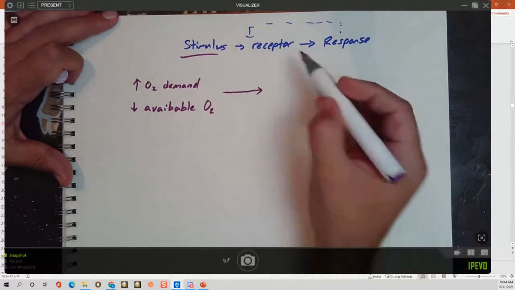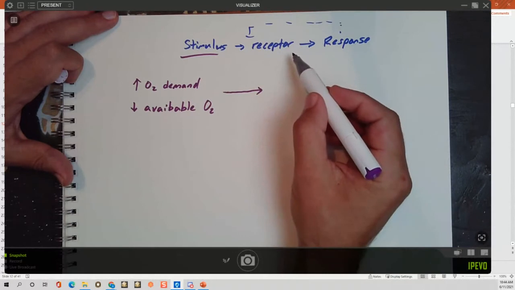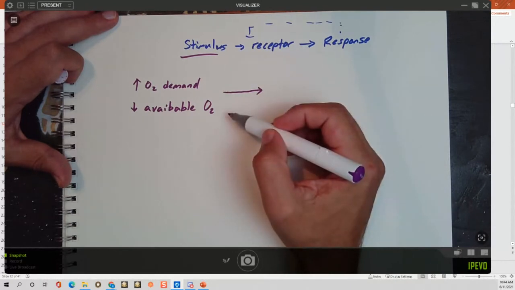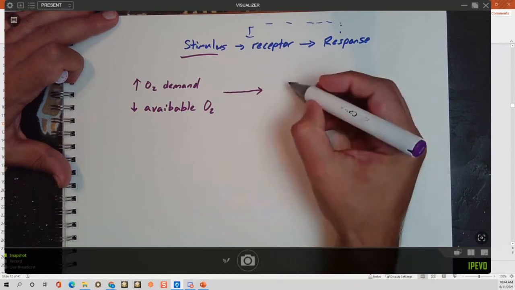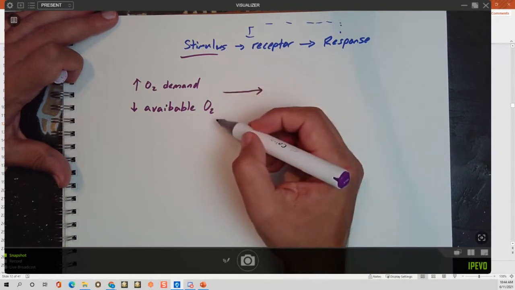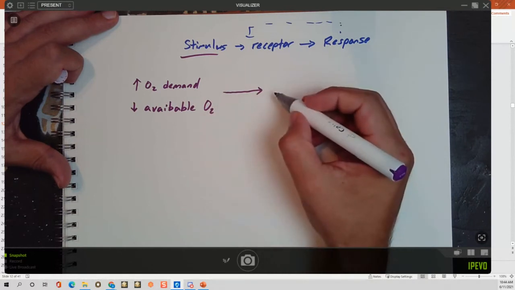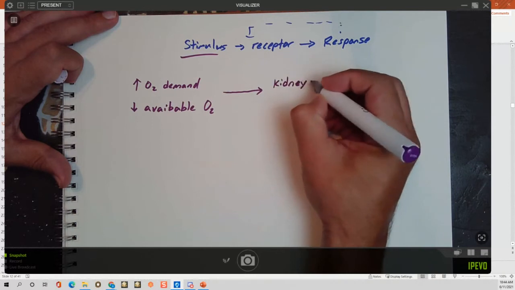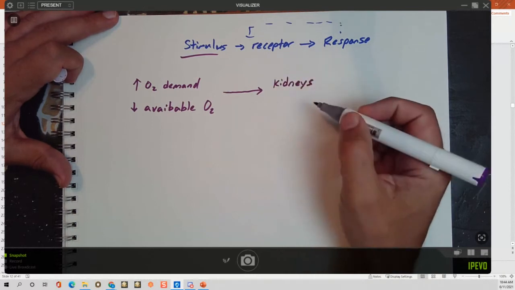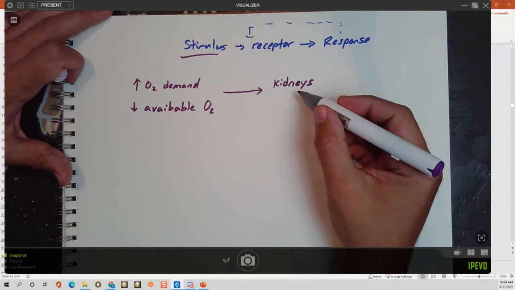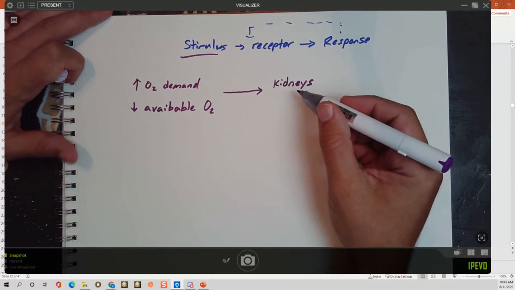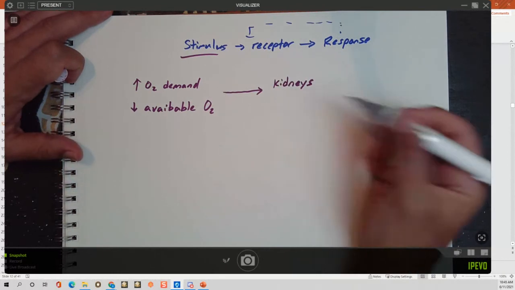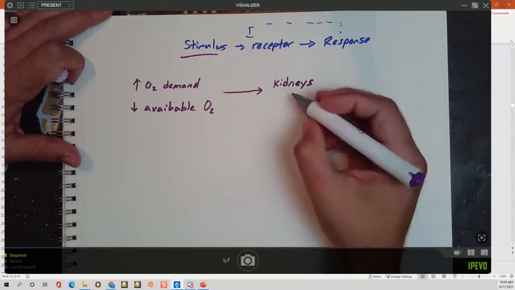So what we have is an organ with receptors in it for oxygen. This organ is your kidneys. As oxygen demand goes up or oxygen availability drops, the kidneys can recognize this. The kidneys are great for this role because their function is to filter your blood. In fact, there are 180 liters of blood being filtered by your kidneys every day.